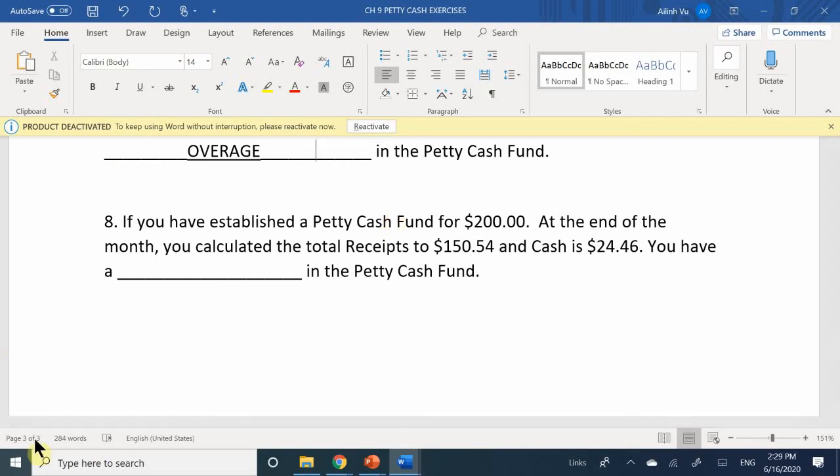Yes, you would have a shortage in your, yes, because if you add up 150 plus 54 and you're adding 24, you realize that you're missing $25. Okay, so you're going to have a shortage in your petty cash fund.